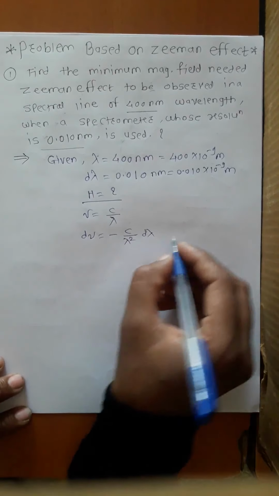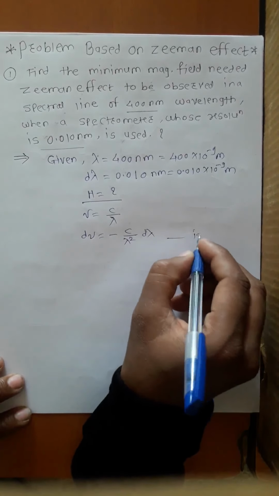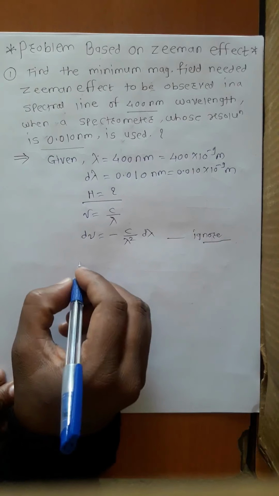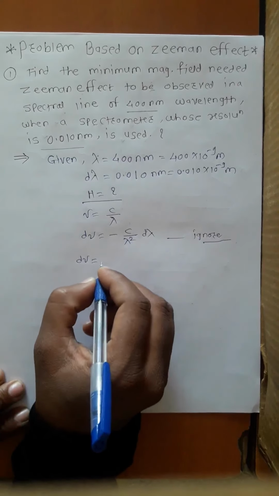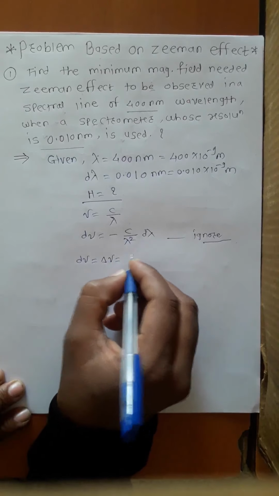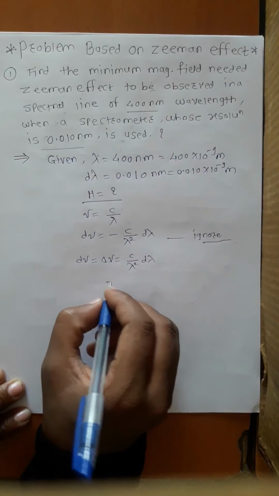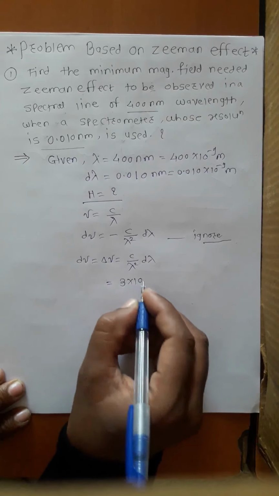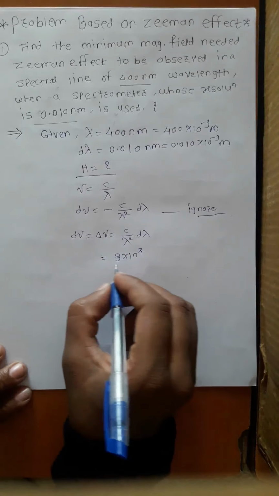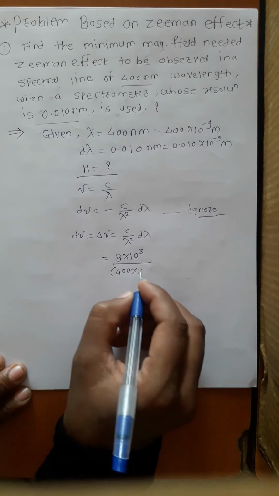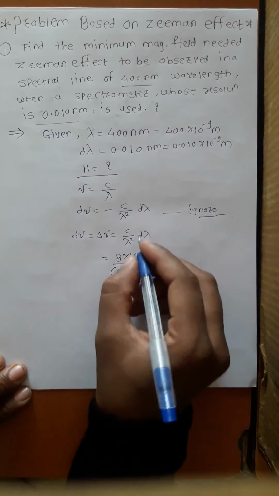Ignoring the negative sign, delta nu is equal to C upon lambda square into d lambda. The value of C is 3 into 10 raised to 8 meter per second, divided by lambda square, 400 into 10 raised to minus 9 whole square, into d lambda.